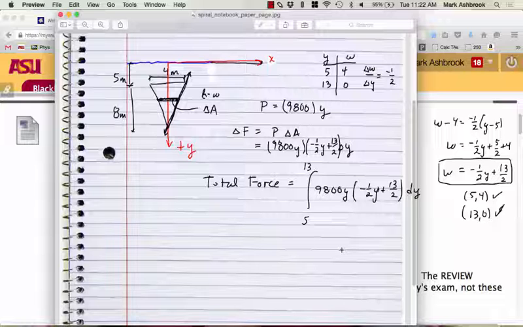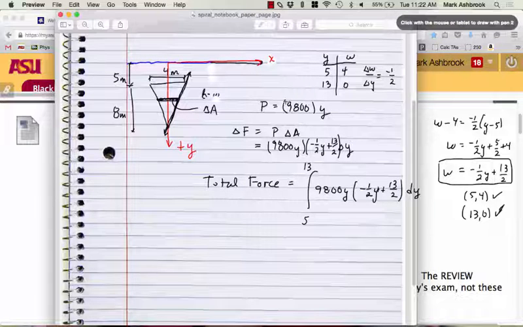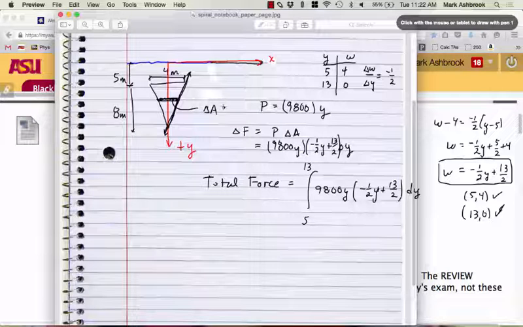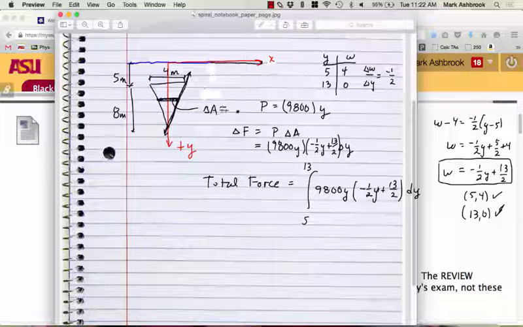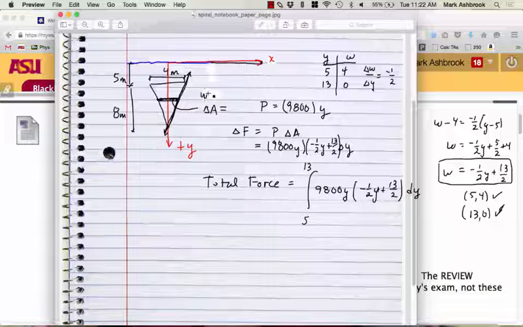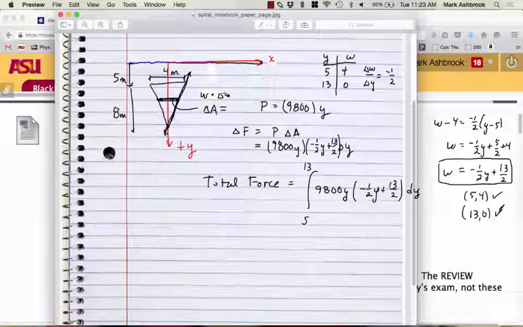Could you just go through that one more time real quick, just finding the delta A part? So delta A is width times delta y. You get that much? That's because you're using a rectangle for the typical slice, just like in all the other problems we've done so far. So width times delta y, just a rectangle.